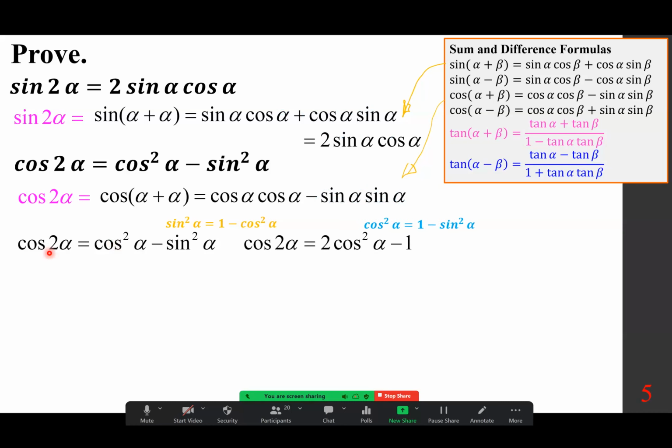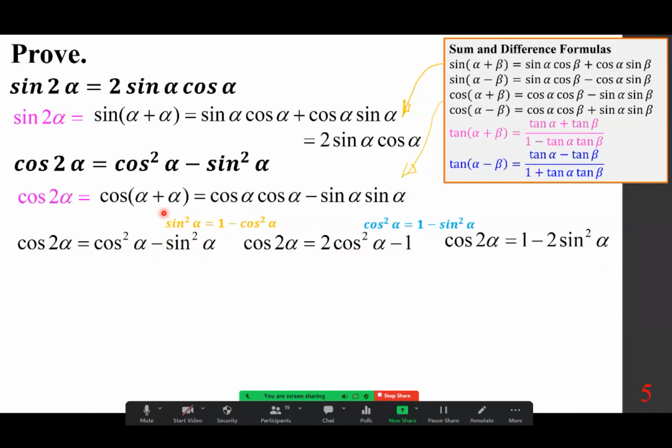So cosine of 2 alpha has 3 possibilities. Cosine squared alpha minus sine squared alpha, we proved it here. Could be 2 cosine squared alpha minus 1, right? Because if you apply the negative, this becomes minus 1, this becomes plus, we get 2 of them.